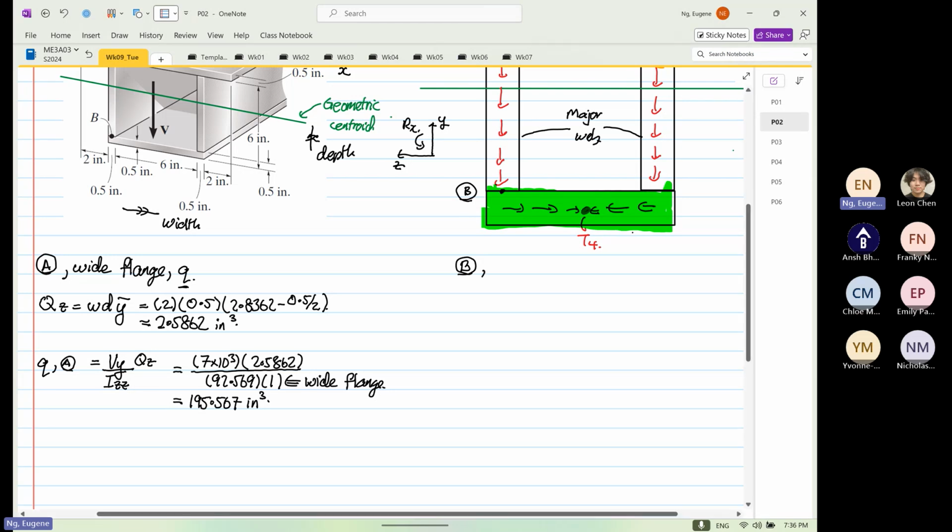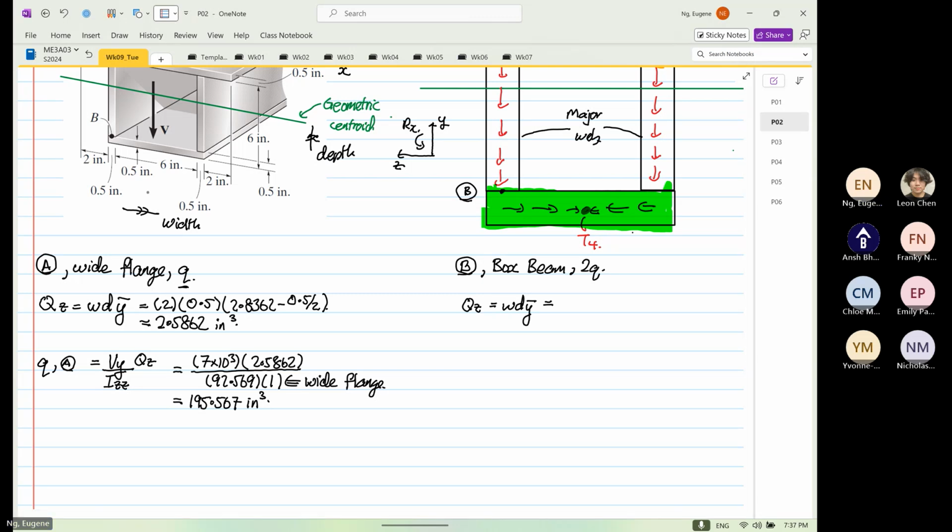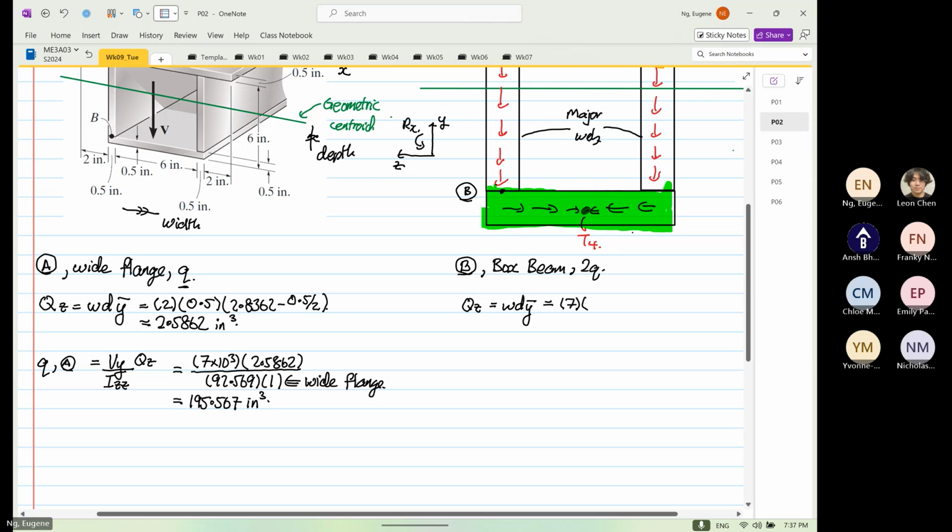So we know that this is our box beam. When that's the case, we have this as 2Q. Okay, so Qz is equal to width, depth, Y bar, and it's relative to the terminal, right? Because at the terminal is equal to 0, so the width is equal to 6 plus 0.5 plus 0.7. The depth is 0.5.